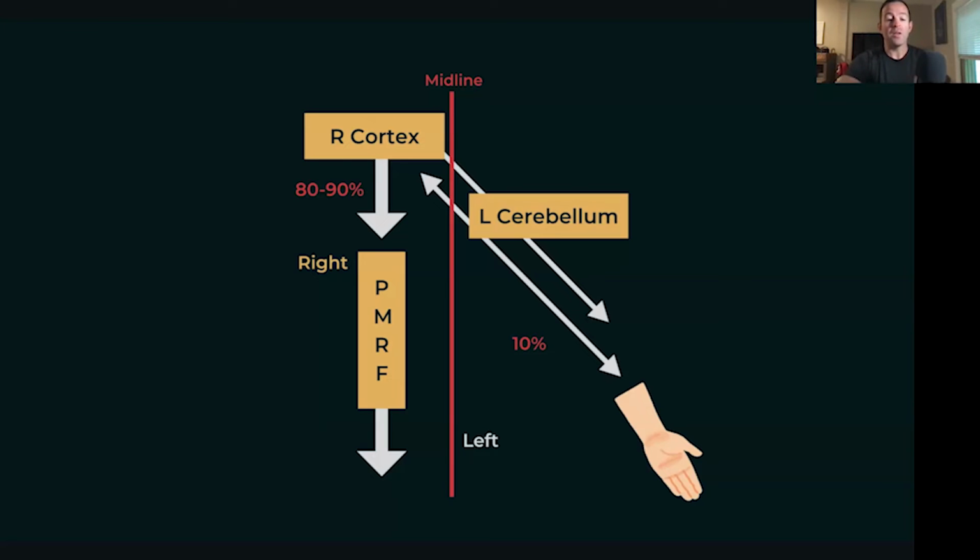Guess what? By exercising my right shoulder and by doing the sensory work of some kind on my right shoulder, I am activating the wrong PMRF.